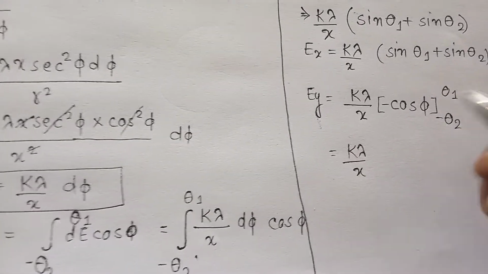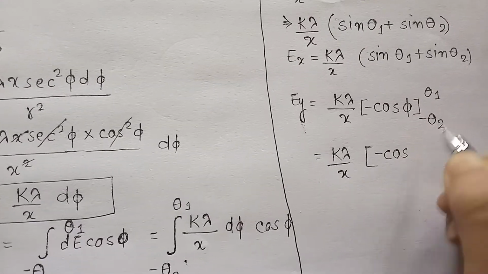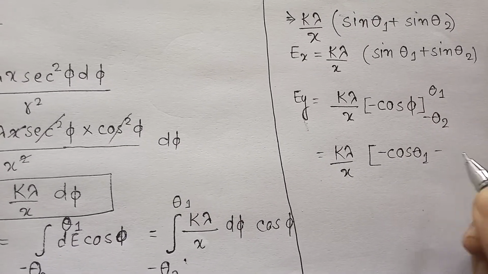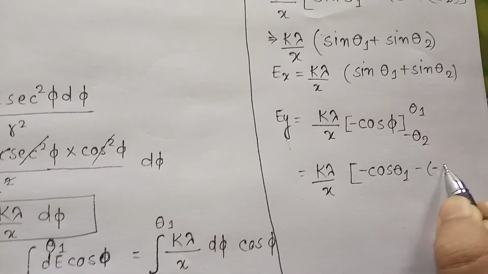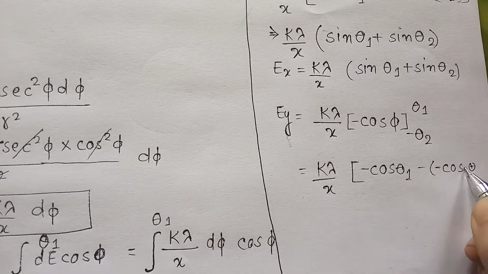Now put the values inside, so this will become minus cos of the upper value theta 1 minus, minus cos of the lower value minus theta 2.